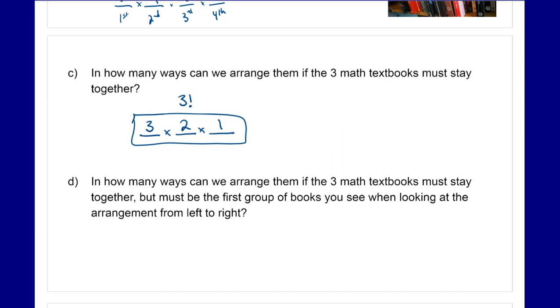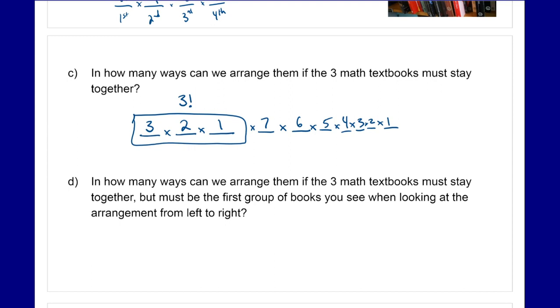But we also have to think about how many other textbooks I have. Well, there's 7, and 6, 5, 4, 3, 2, 1 options. So this is 3 factorial and then the 7 factorial.